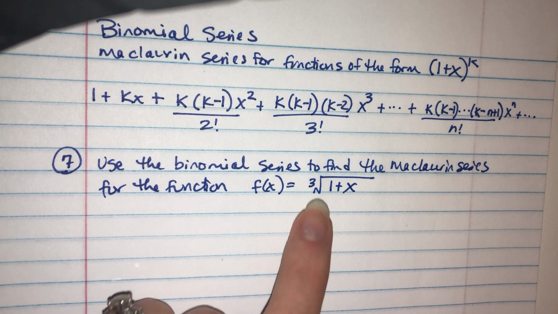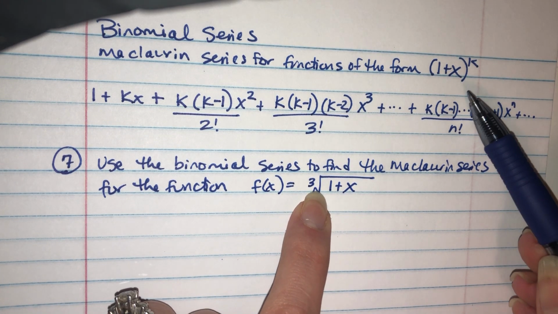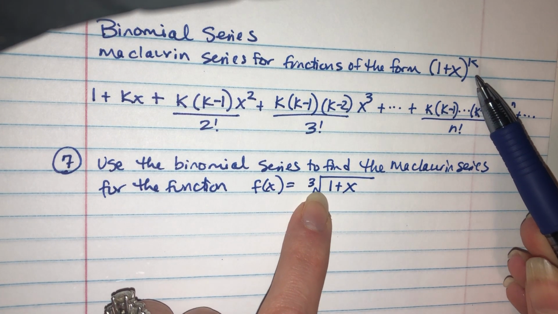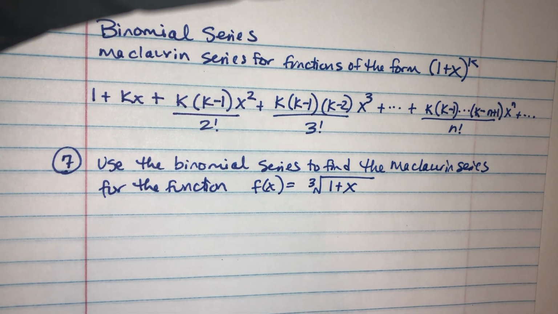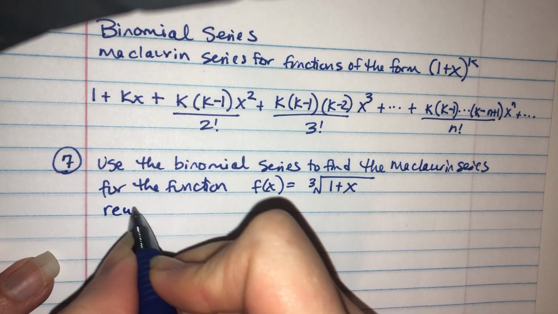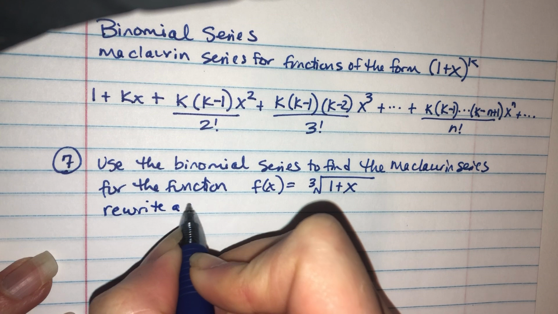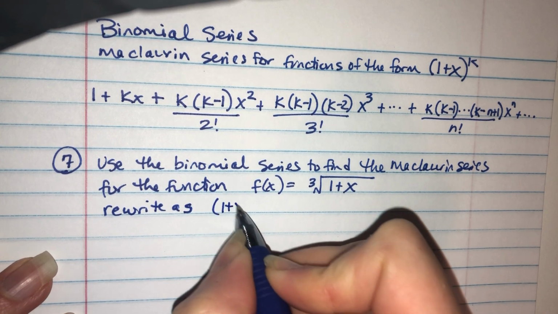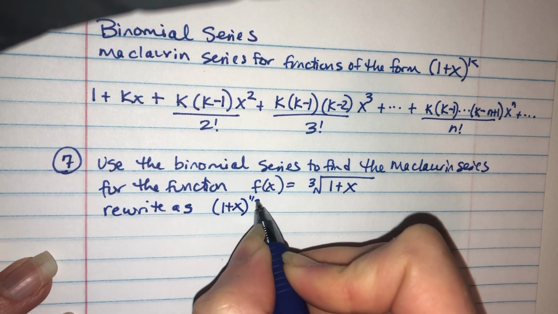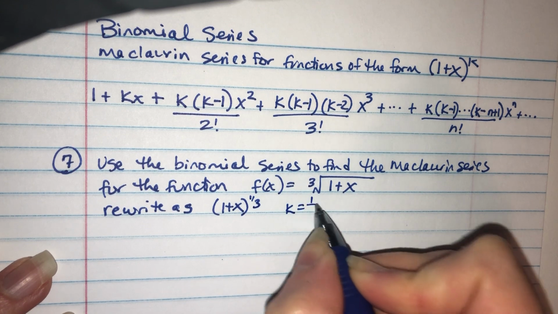So, what is the k value? The k value is the power on the 1 plus x, so it is the 1/3 power. So we're going to rewrite this as 1 plus x raised to the 1/3 power, so my k is equal to 1/3.